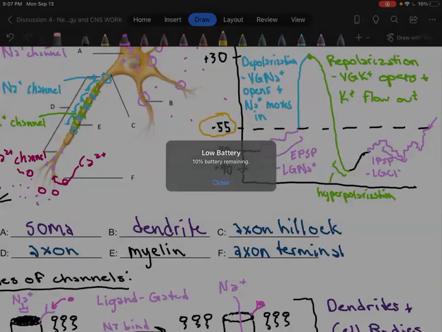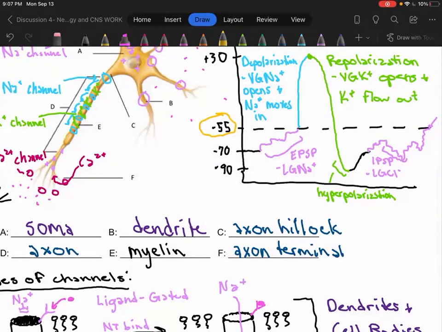And those stimuli, what we can think of them as is the summation or sum of our EPSPs and our IPSPs. So if that graded potential is strong enough, we will have a suprathreshold stimulus and we will have an action potential.